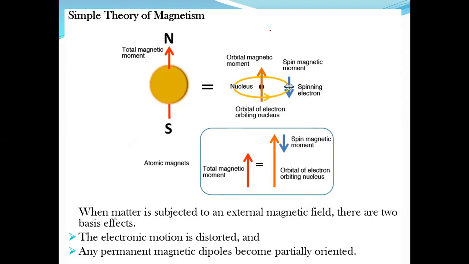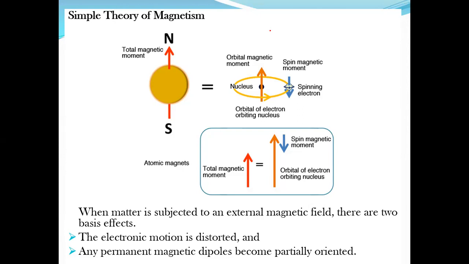The electrons are orbiting, spinning around the nucleus, and meanwhile each electron is also spinning. It rotates about its own axis, that is called spin. While it is rotating around the nucleus and spinning, there is a magnetic moment. The spin magnetic moment is also there.